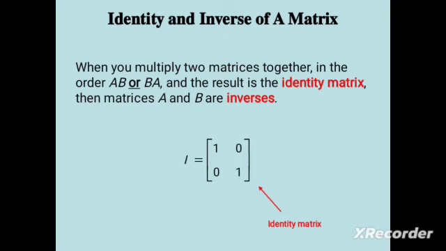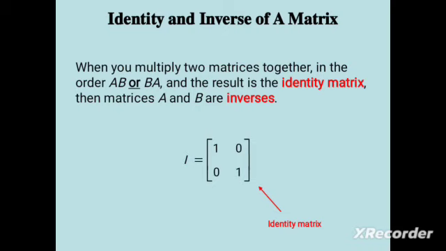When you multiply two matrices together in the order AB or BA, the result is an identity matrix. And so for matrices A and B, they will be inverses of each other.